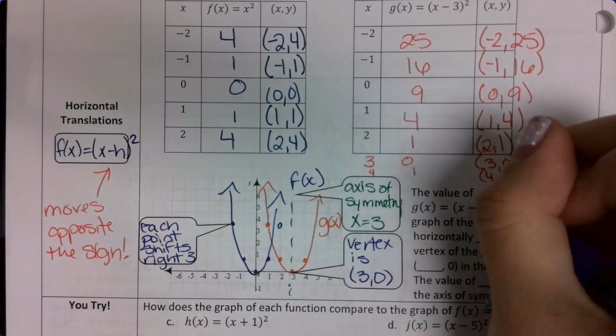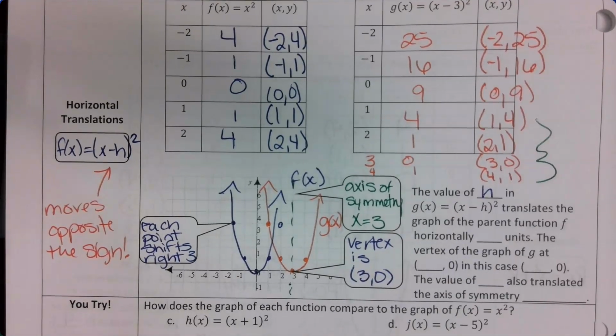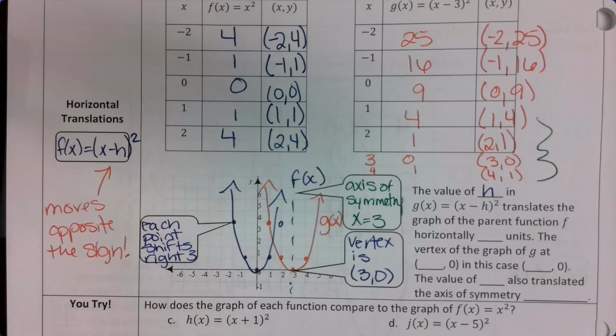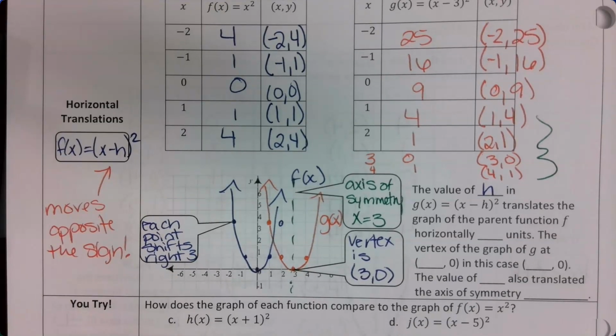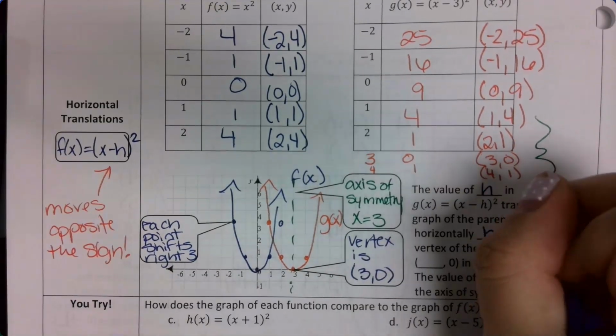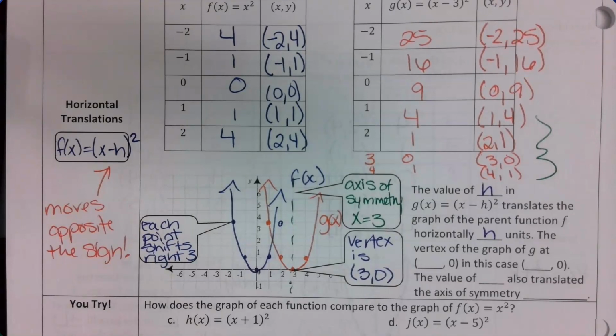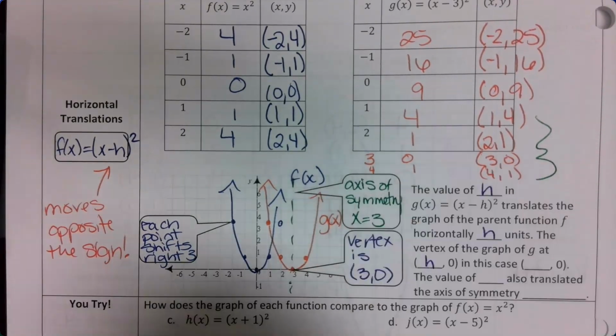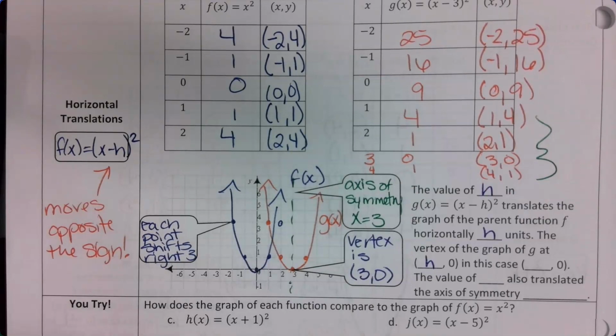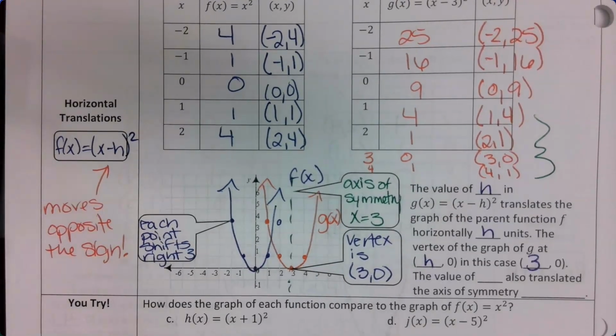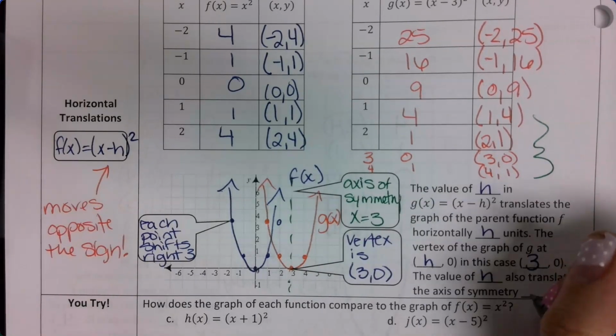So the value of h in g of x equals x minus h squared translates the graph of the parent function f horizontally h units. The vertex of the graph of g is at h comma 0, and in this particular case, that's 3 comma 0. The value of h also translated the axis of symmetry horizontally.